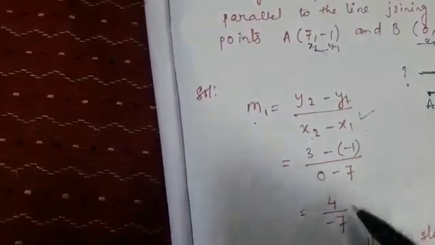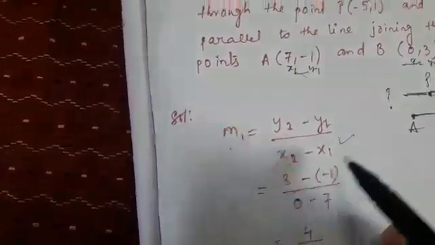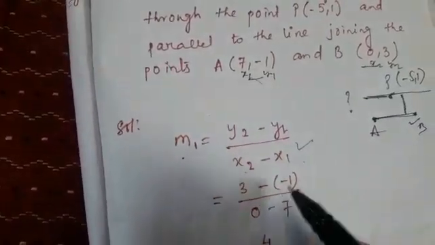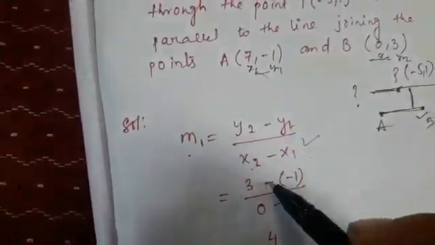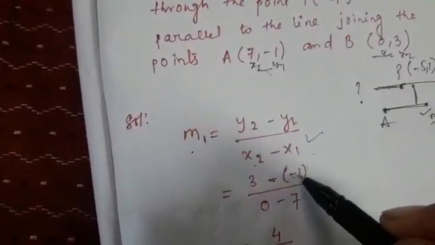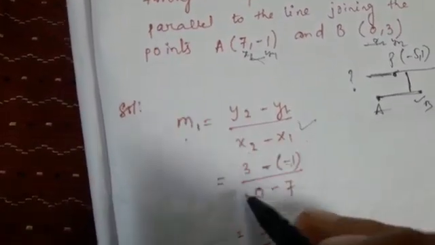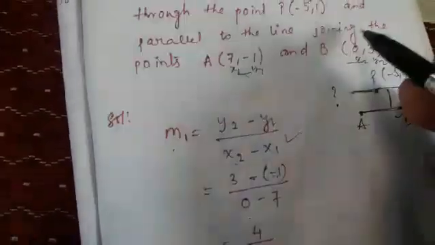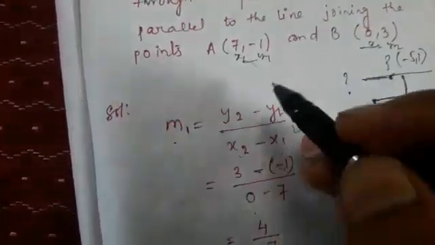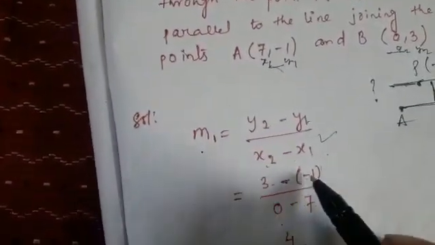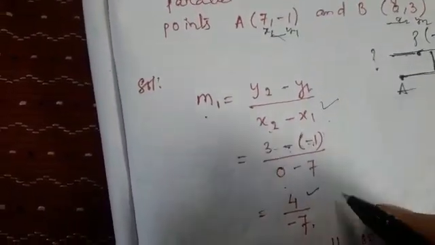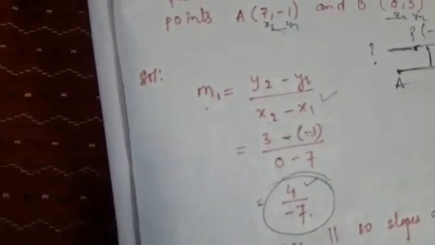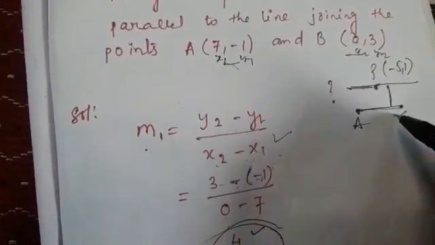Now putting the values in the formula, y2 is 3, minus y1 which is minus 1, by x2 which is 0 minus x1 which is 7. So minus minus will give you plus, so 3 plus 1 gives you 4, so 4 by minus 7 is the slope of the given line.